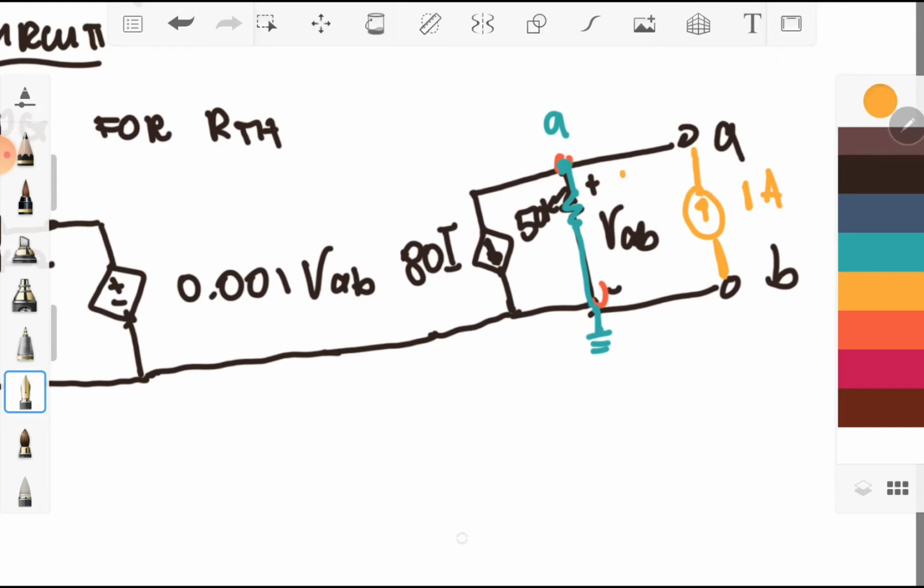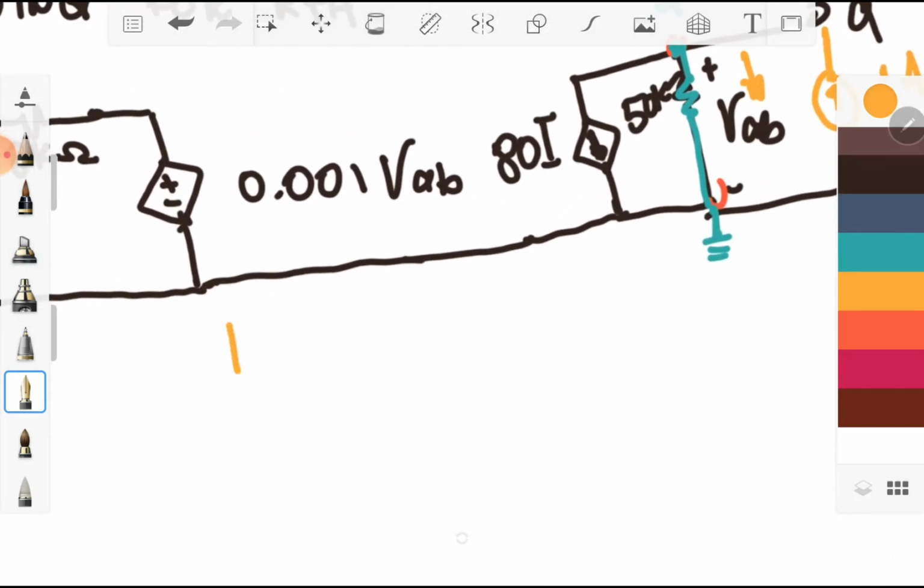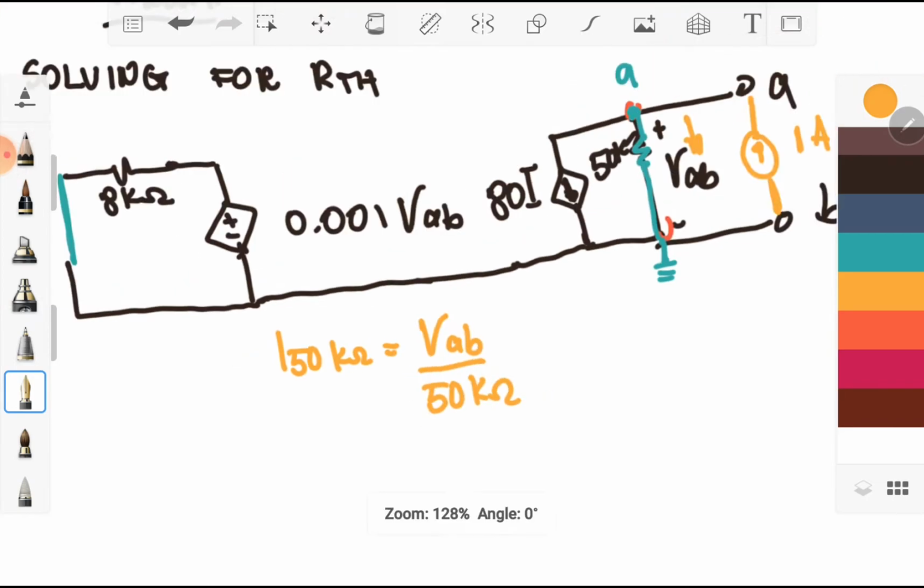And then, another current going to your 50 kilo ohm or your I 50 kilo ohm. My I 50 kilo ohm is just equal to VAB all over 50 kilo ohm. Okay?